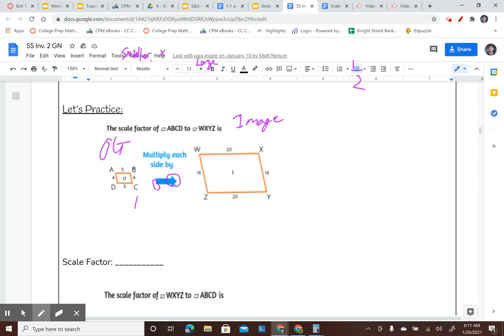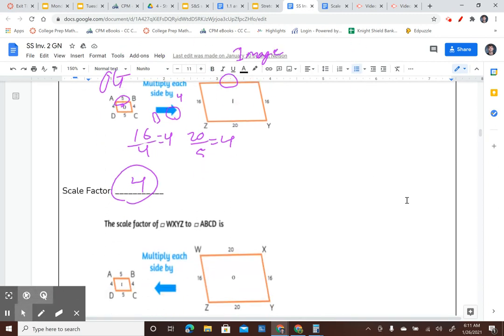So we have 16 over 4. We have 20 over 5. So 16 over 4 would reduce to 4. 20 divided by 5 would give me 4. So it seems I have to multiply each side by 4. That's my scale factor. So scale factor is just another word for multiplier.